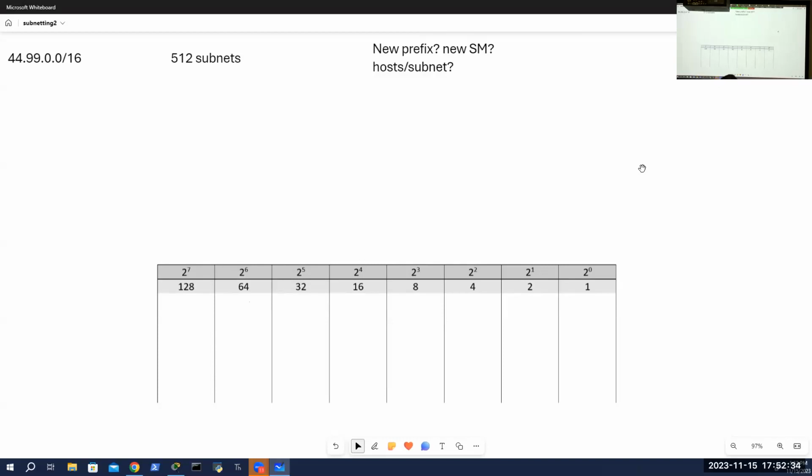I will extend the table. Can't draw a straight line though.